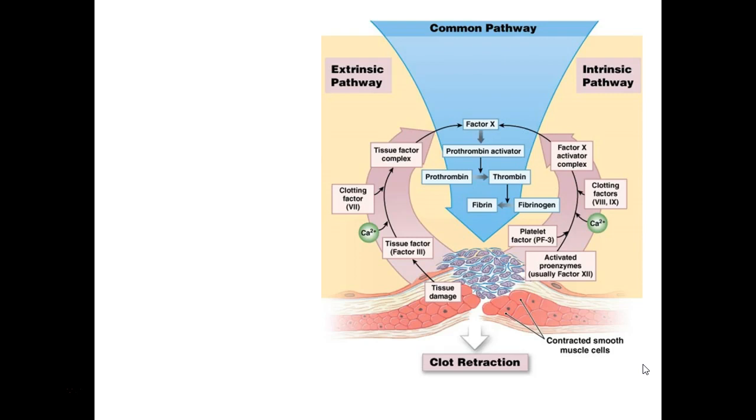All right, so this isn't the last time we're going to see this, so I want to introduce this concept. Whenever the body is manufacturing something and it doesn't want it to be active right after it's manufactured, it wants to make sure it stays in an inactive state and only gets activated when and where it needs to be activated.